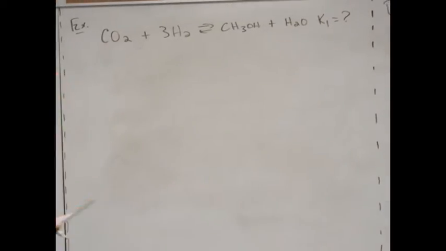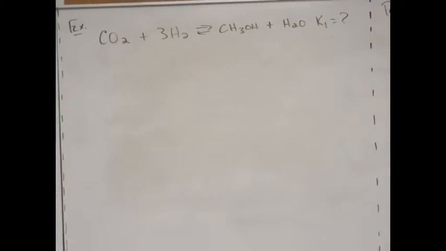They give us a reaction with an unknown equilibrium constant. Then they give us two other reactions with known constants.